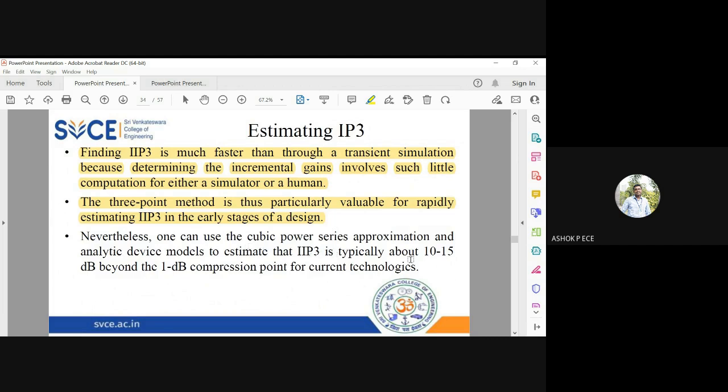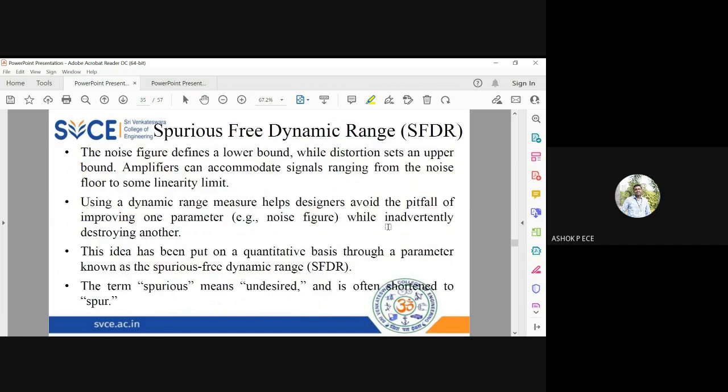The IP3 is typically about 10 to 15 dB beyond the 1 dB compression point. If you are calculating using the above formula, they found that first the 1 dB compression point comes, and after 10 to 15 dB only, your IP3 point is going to come for your amplifier, because the amplifier is going to slowly fall off from the 1 dB compression point to your IIP3 point.